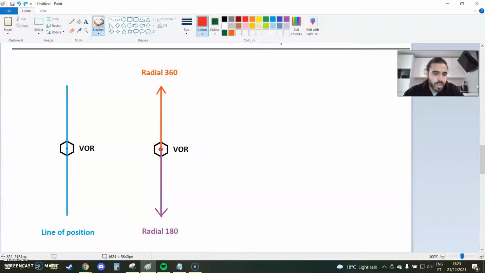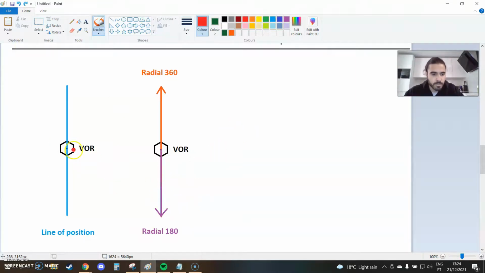Basically, the line of position that radiates from the VOR in a magnetic bearing 360 is called radial 360. So long story short, the line of position that radiates from the VOR directly to 360 is radial 360. The line that radiates from the VOR directly to 180 is called radial 180. Well, basically this is it.